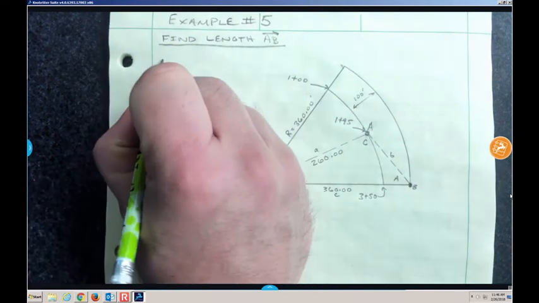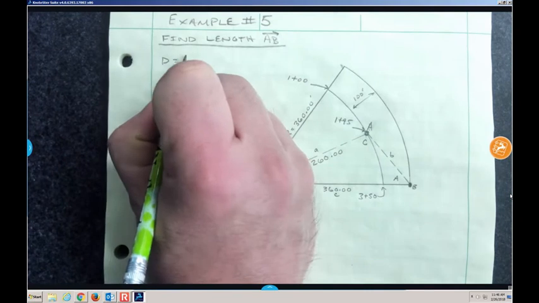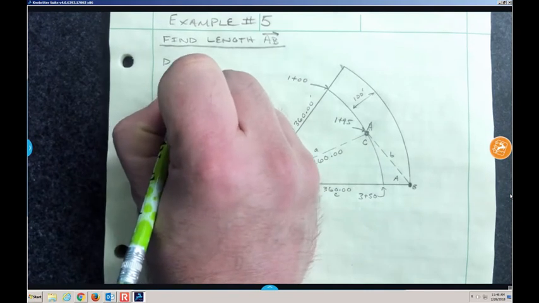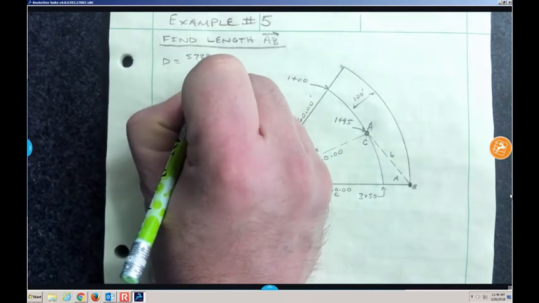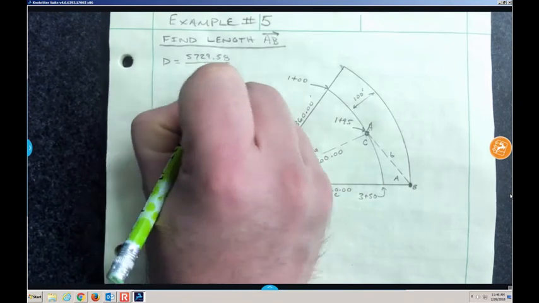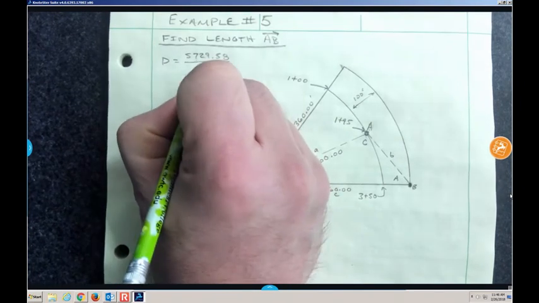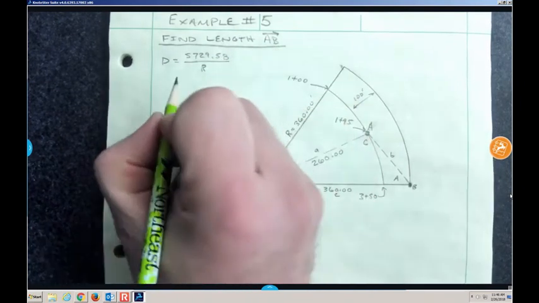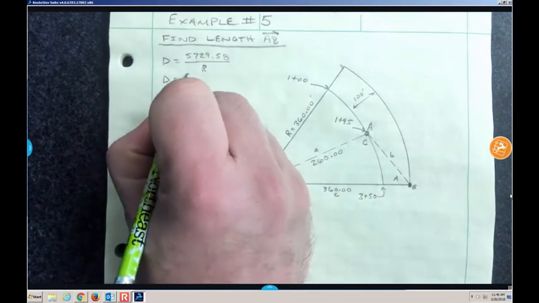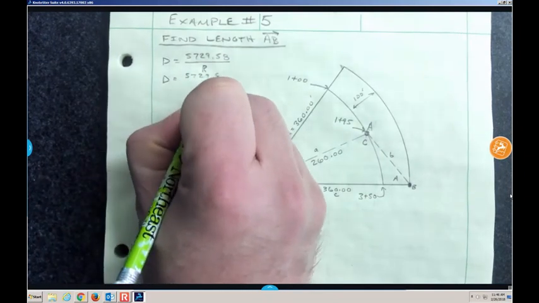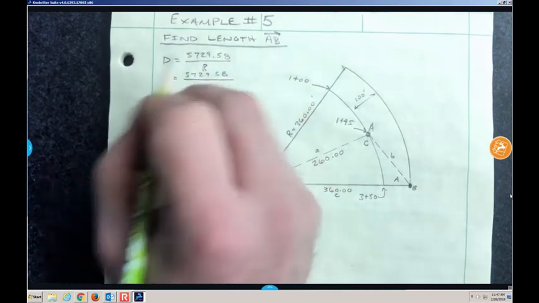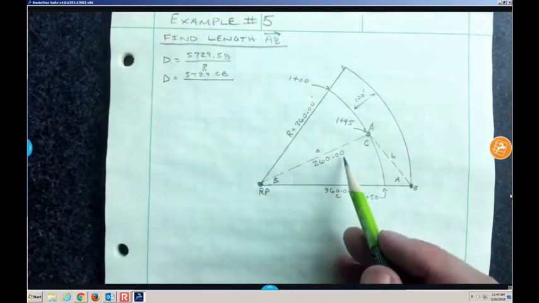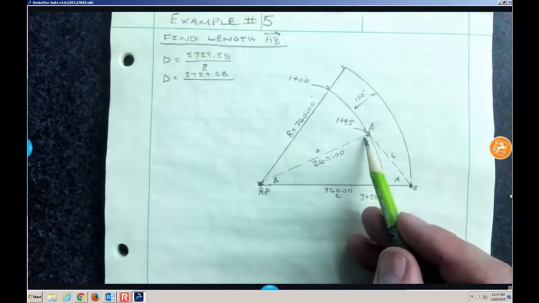Let's start by finding D, okay? D equals 5729.58 over R. What are we going to use for R? 260.